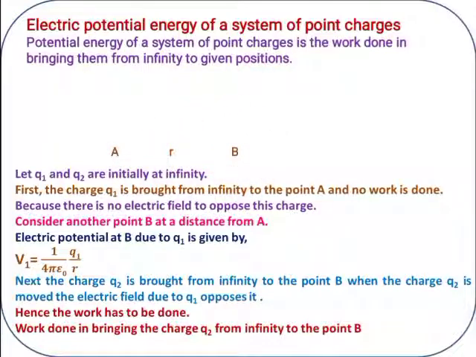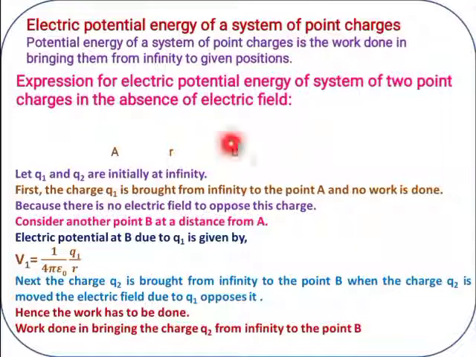We are assuming the 2 charges, and we are bringing them from infinity. Same procedure as we studied in the previous slide, but here we are studying the expression for electric potential energy of a system of 2 point charges in the absence of electric field.